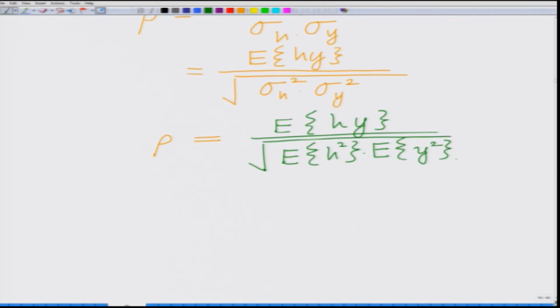This is the definition of your correlation coefficient rho.